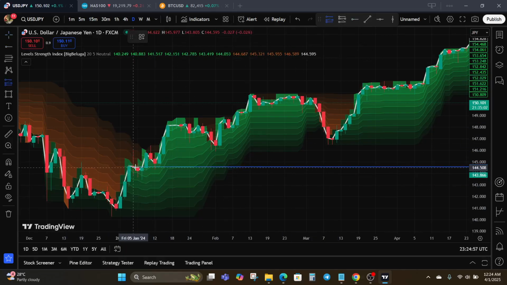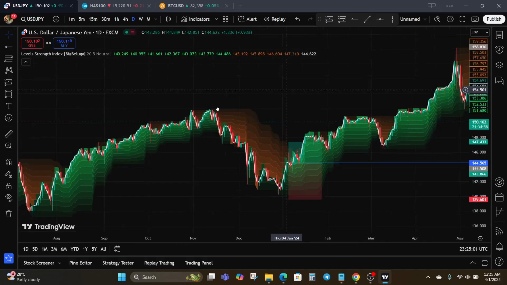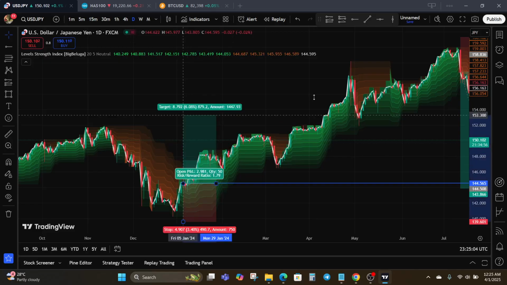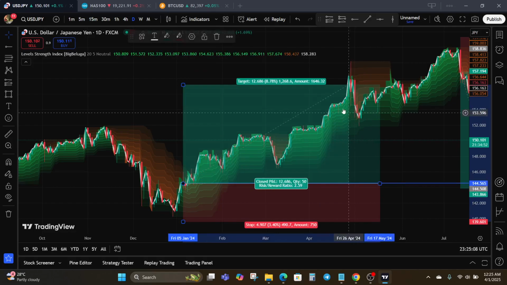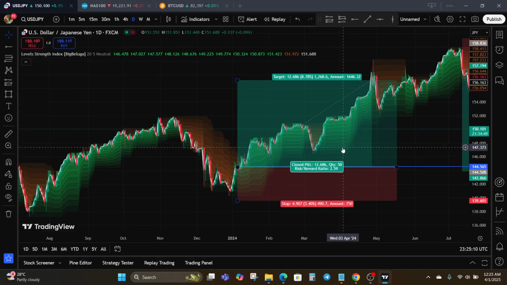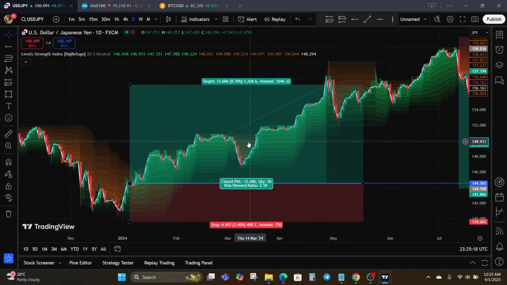You can set your stop loss some pips below the support zone, and for your take profit, you can target resistance zones, or you can even wait for the indicator to change color to red before exiting your buy trade. Whenever the green shaded area remains, you can remain in your buy trade.